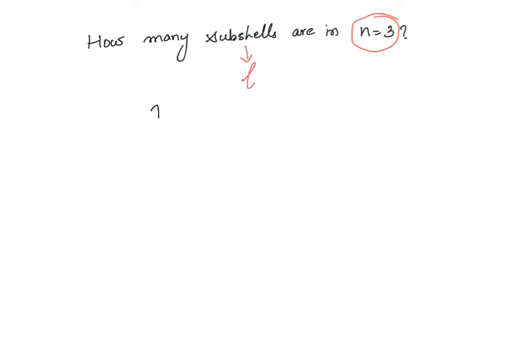So if n is 3, essentially what they are asking you is, if n is 3, what is L? So L can now have 3 values, 0, 1 and 2. And where do we stop? We stop at n minus 1, which in this case is 3 minus 1, so it is 2.